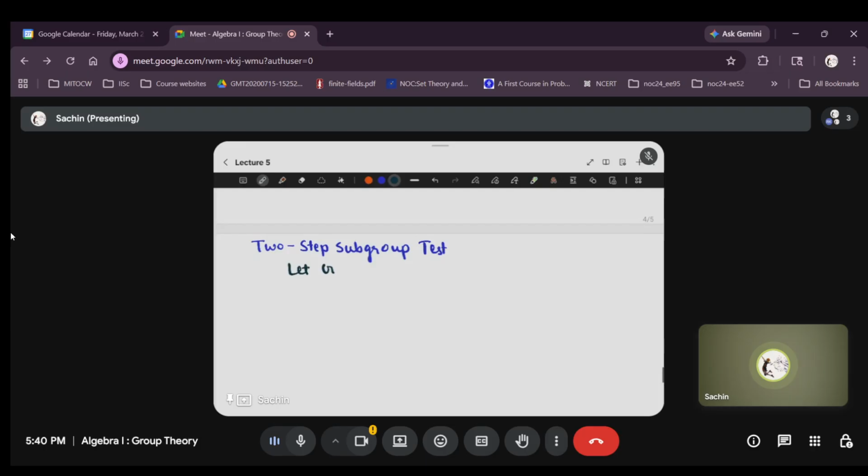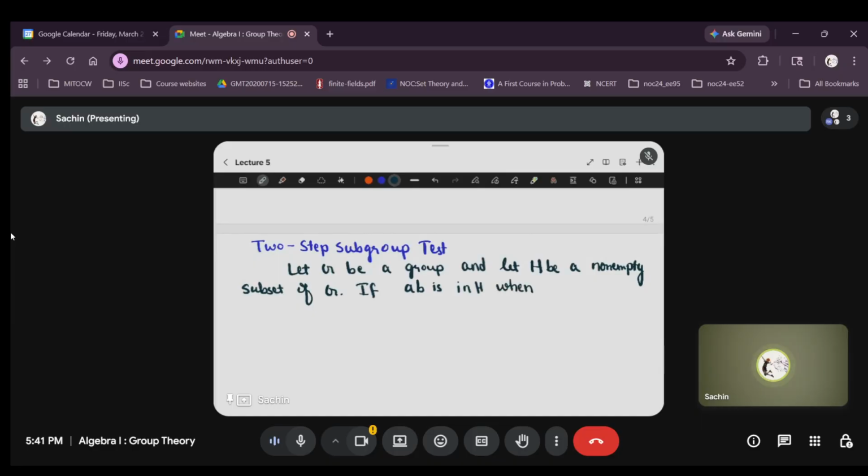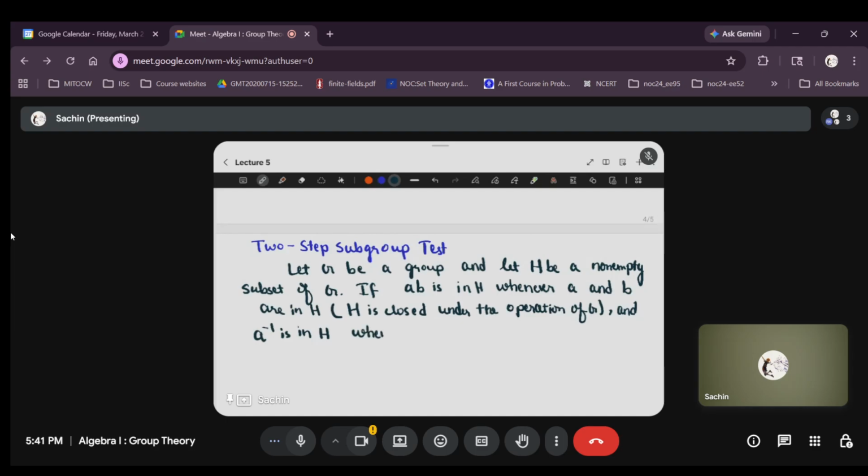So here let G be a group and let H be a non-empty subset of G. If AB is in H whenever A and B are in H, that is, H is closed under the operation of G, and A inverse is in H whenever A is in H, H is closed under taking inverses.